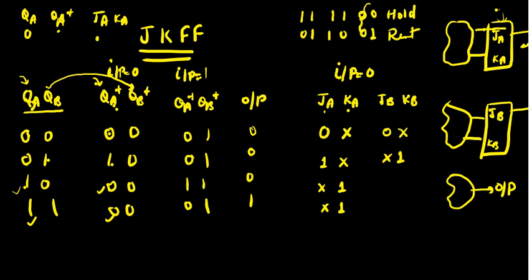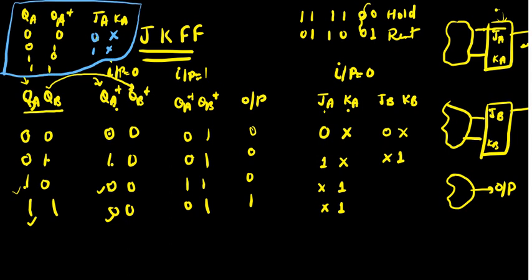Just write the excitation table 0 0 0 1 1 0 1 1. For 0 0, this is the excitation table. Write the excitation table, 1 cross. This is the excitation table of JK. So just fill the excitation table, and from the excitation table you can easily fill this.